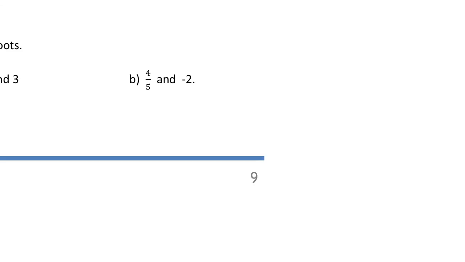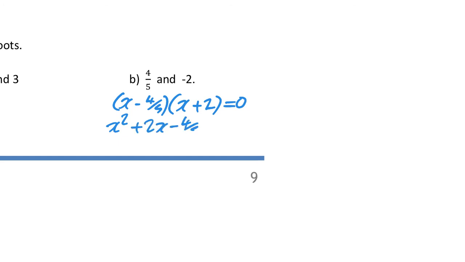Same idea. In this example, the roots now are 4 over 5 and minus 2. So just write x minus 4 over 5 upon x minus minus 2, which is x plus 2, is equal to 0. Multiplied, you're going to have x squared, and that will be plus 2x minus 4 over 5x, and then that's going to be minus 8 over 5 is equal to 0.